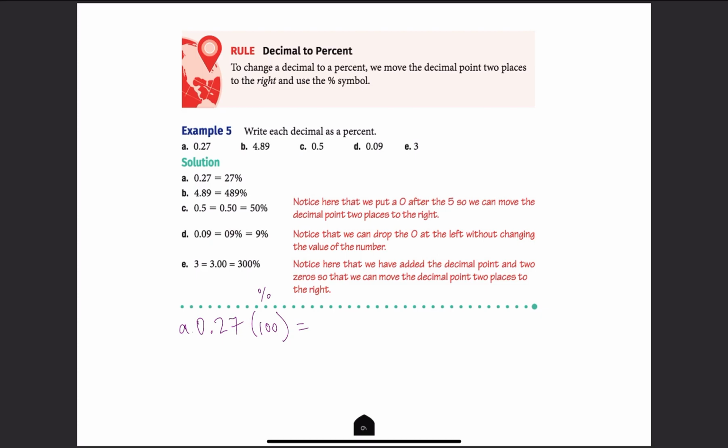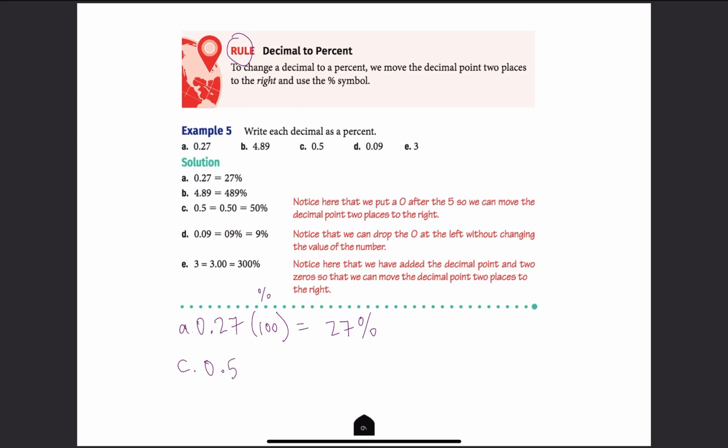We'll multiply this by 100, so 0.27 times 100 is 27. And then we have to add the percent symbol to indicate that we've multiplied by 100, to show it's out of 100. Now, the other thing you can do is, what the book says here as a rule, is you can add a percent symbol and move the decimal 2 places to the right. And so we'll practice that here. Let's practice that with C.